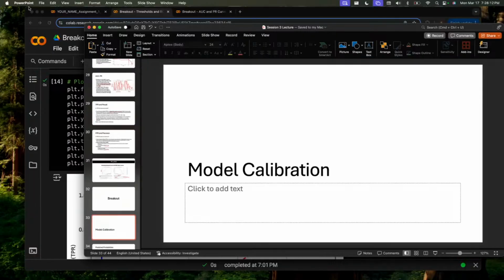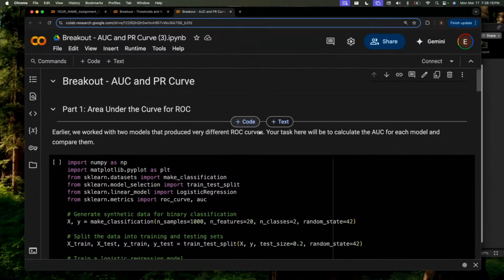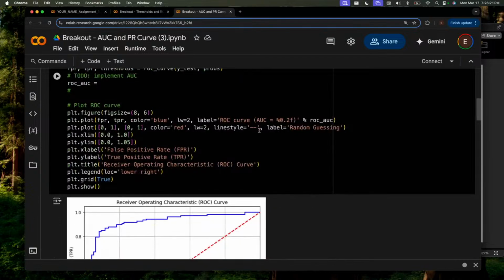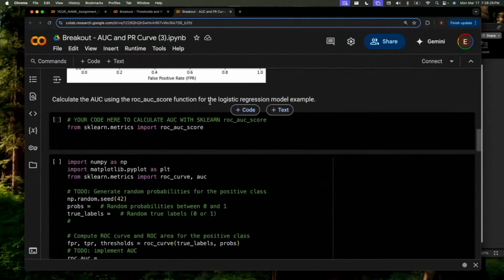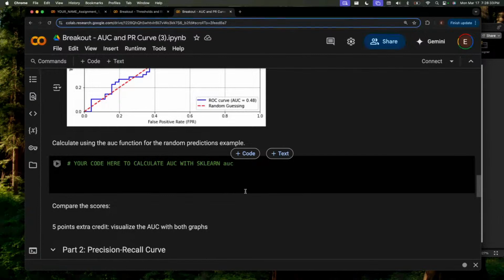Let's do one more breakout activity, and then we're going to do model calibration, and then that's it for today. All right, let's pop over to this AUC and precision recall curve. Go ahead and spend 5 minutes walking through calculating the AUC using the ROC AUC function for this logistic regression example here.